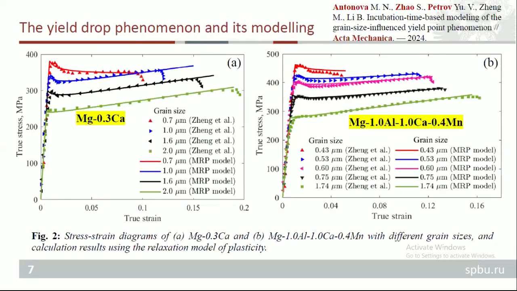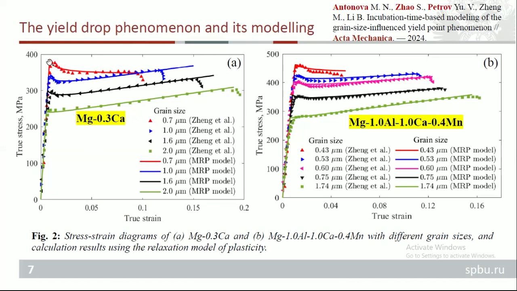So generally speaking, differing from other phenomenological models mentioned before, one of the main advantages of the RP model is its ability to describe these non-monotonic stress-strain responses of materials under various loading conditions. For instance, in these ultrafine-grained materials, particularly in these different magnesium alloys, the phenomenon known as U drop, as shown here, is often observed.